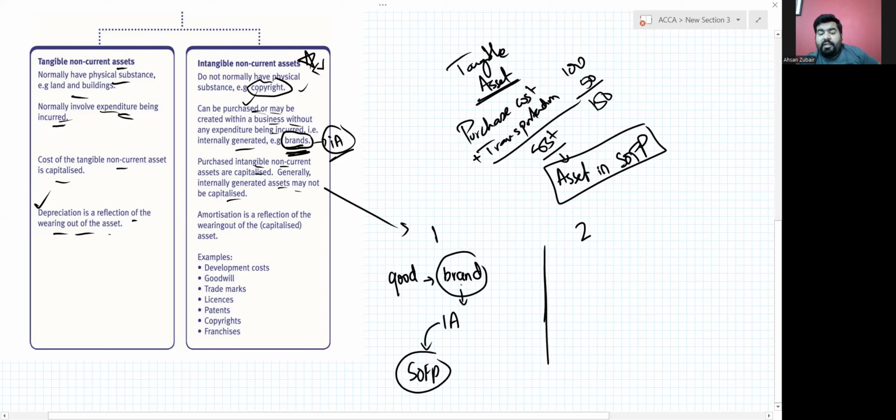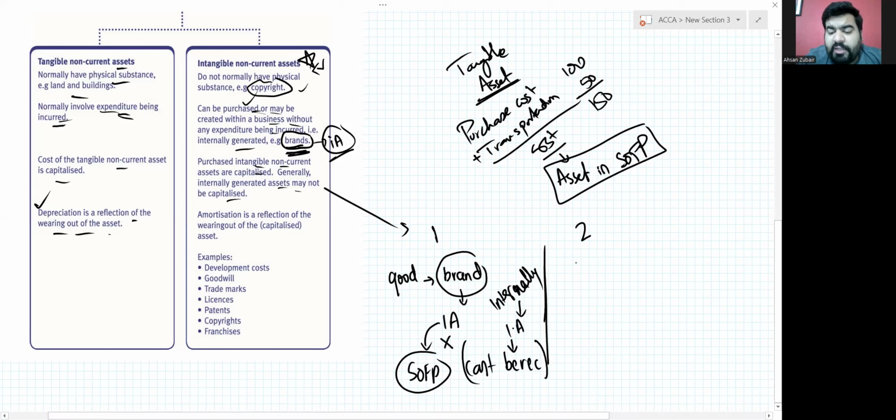But here is one important point. If you have internally generated any intangible asset, it can't be recorded anywhere. Means we can't write this intangible asset in SOFP.